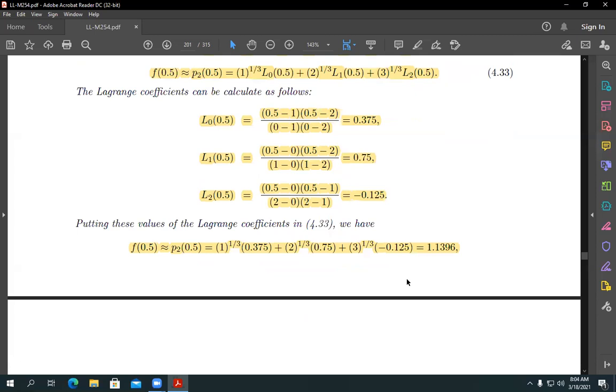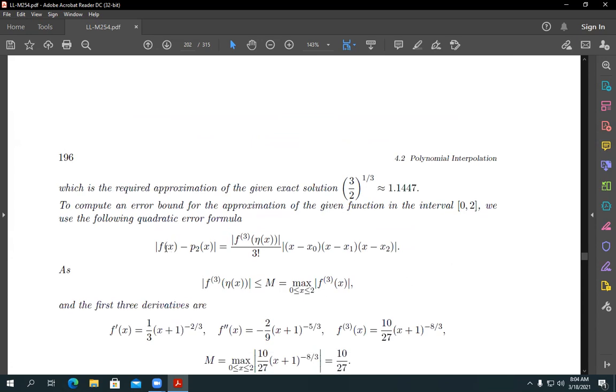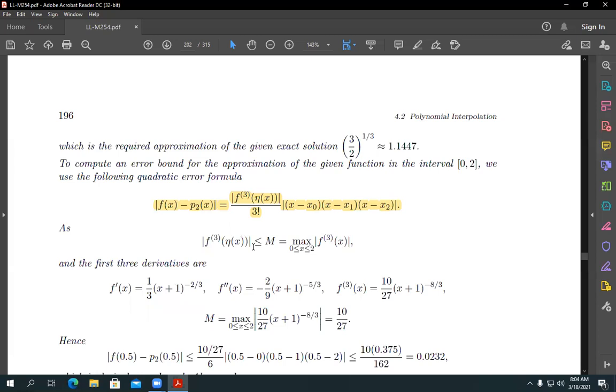So what is next? He says compute the error bound, and the error bound formula is this one. This is the error bound formula for the quadratic case, and we don't know eta. Therefore, we take the maximum value of the third derivative inside the interval. You are given the function, and you can easily find the first 3 derivatives of the function.